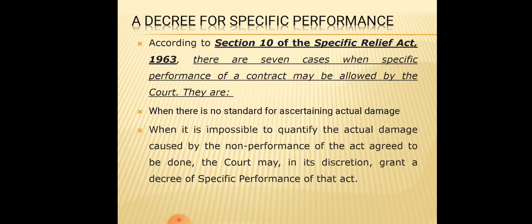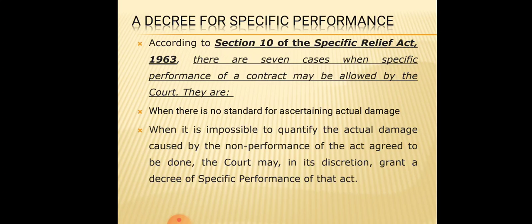But after some time, what happened? The party is not willing to perform their part, and it is impossible to perform those terms and conditions. So there may be a breach of contract, and due to that breach there may be damages or loss to the party.